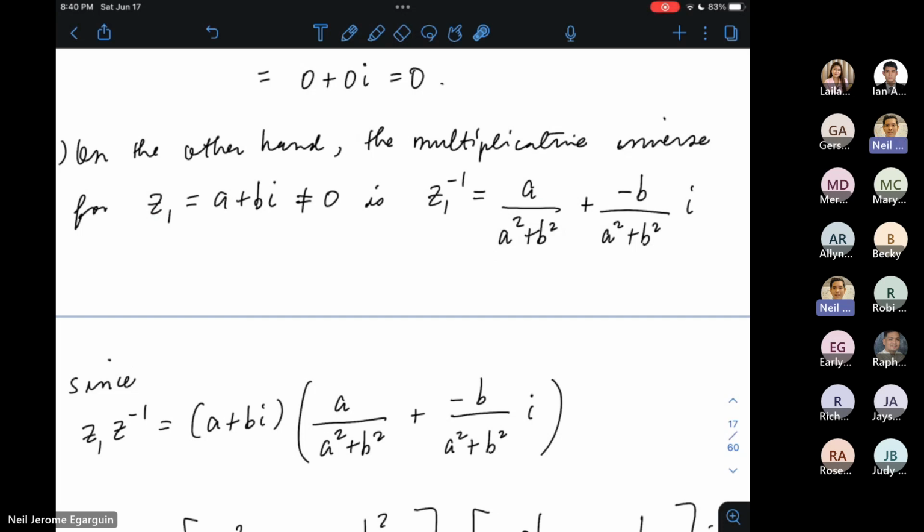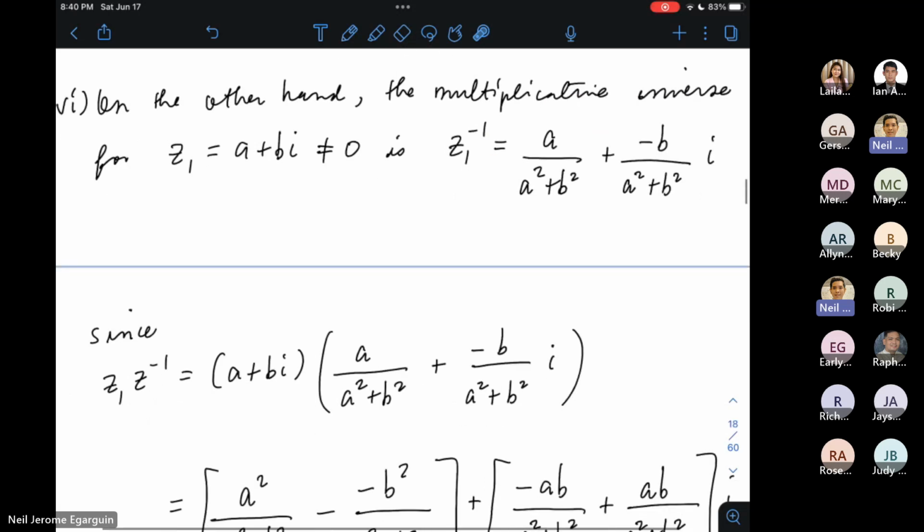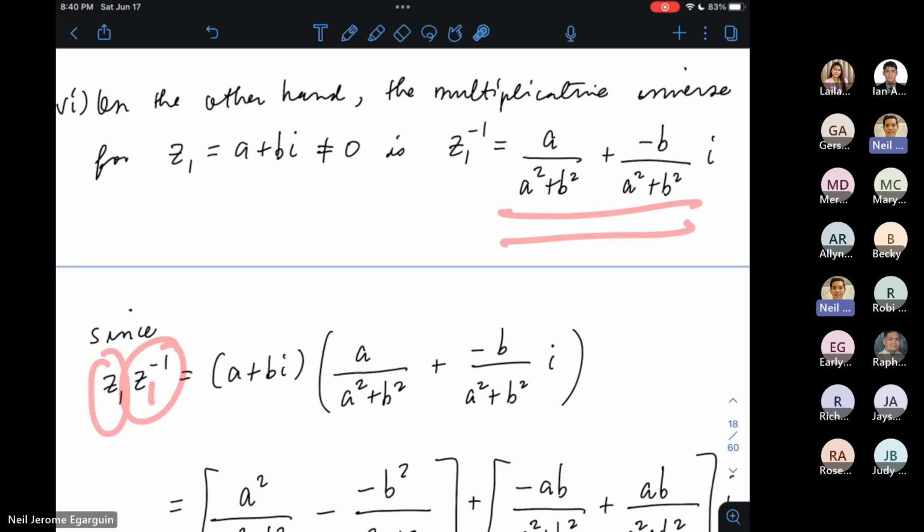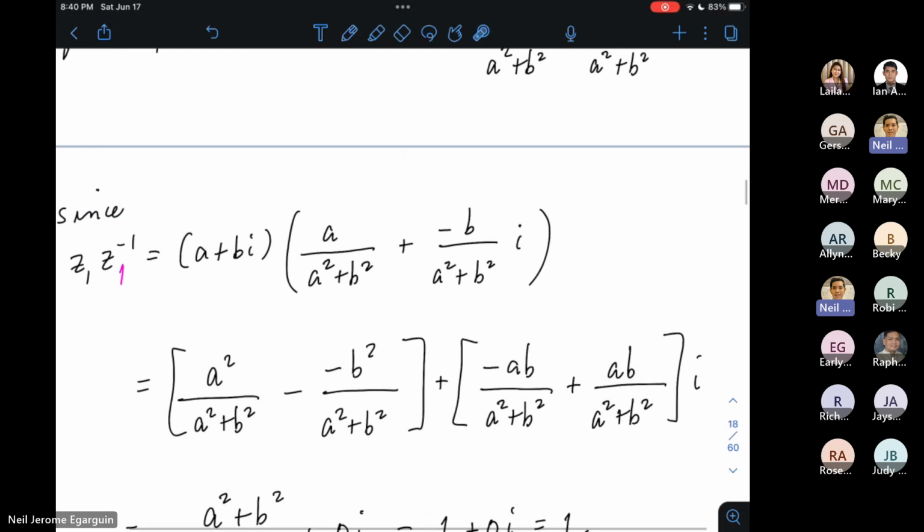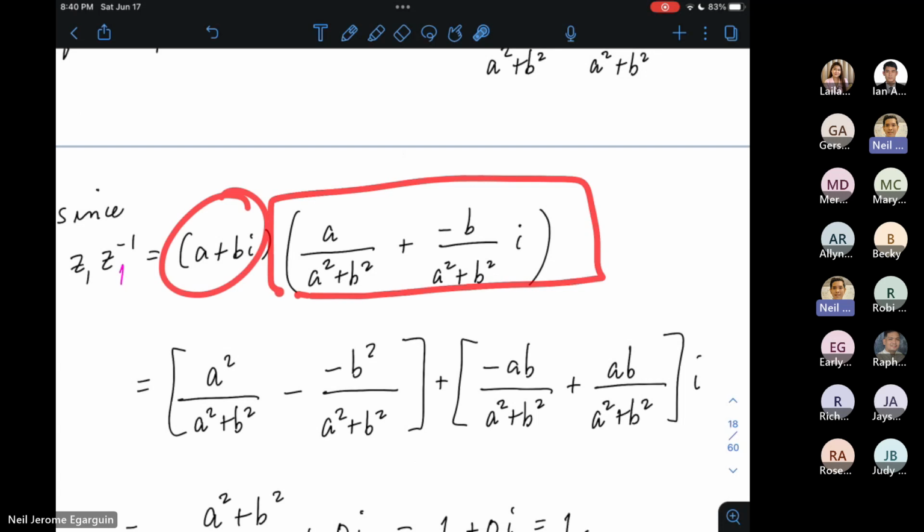Now to check if my guess for the multiplicative inverse is correct, what I just need to do is multiply Z1 by my guess for Z1 inverse. This should have a subscript 1. Okay, please add that to your notes. So I will just multiply Z1 by my guess for Z1 inverse.